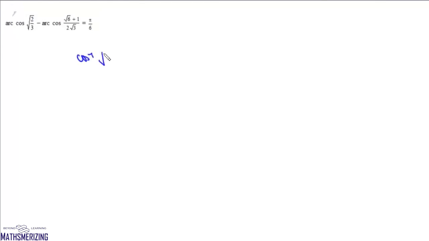Now here the question is, we need to show that cos inverse root 2 by 3 minus cos inverse (under root 6 plus 1) upon 2 root 3, and this value is pi by 6.